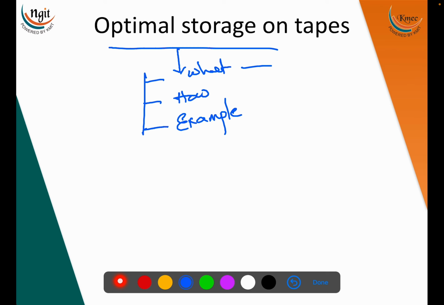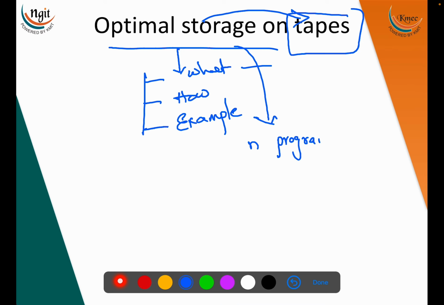The name itself tells you that you are going to use some tape to store some data. This storage is for n number of programs. That means you have to assume there are n programs that are to be stored on a computer tape of length L. Associated with each program i is a length Li.